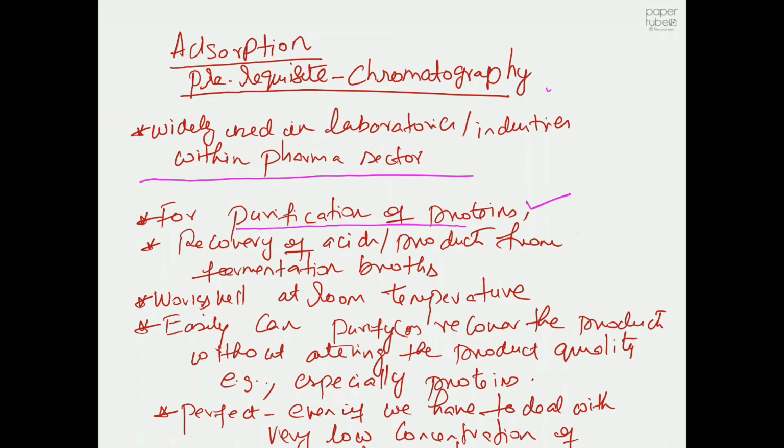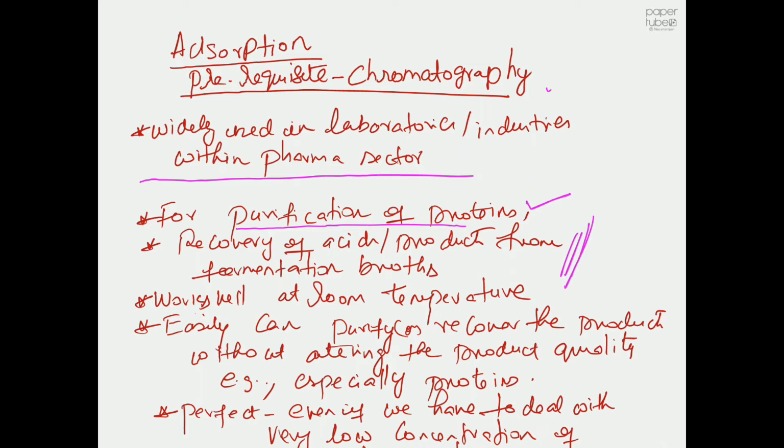More recently I see many people producing different types of acids using fermentation, because it's so cheap to produce. Adsorption seems to be a very good technique to remove acids both at lab scale and at industrial scale. I read a lot of papers in the last few years. They are using different types of adsorbents to remove acids from fermentation broth, and there are many good advantages.